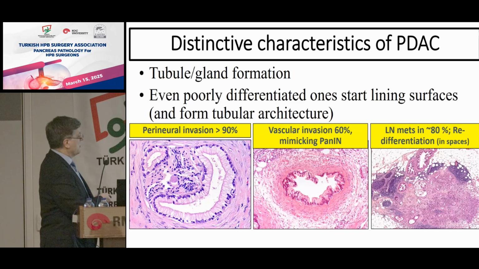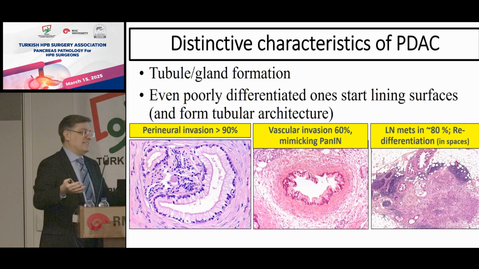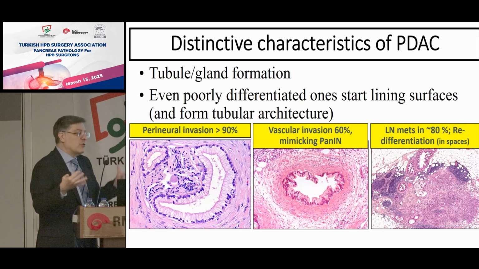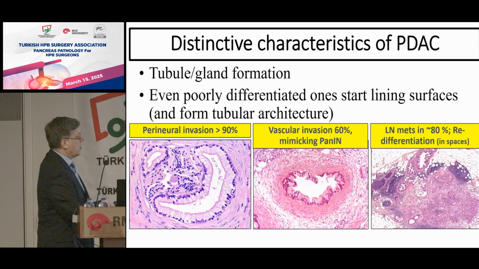The striking thing is, even when they infiltrate the nerves and vessels, they still line them. I jokingly say they almost want to be nice. They're like psychotic cells that are trying to do something mature, something nice. But the problem is also with this, they can spread far away from the original tumor. And that is the biggest problem for surgeons.